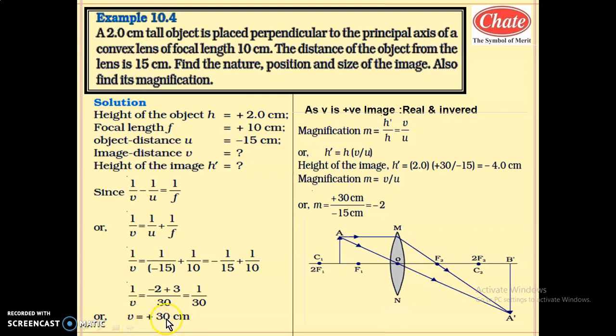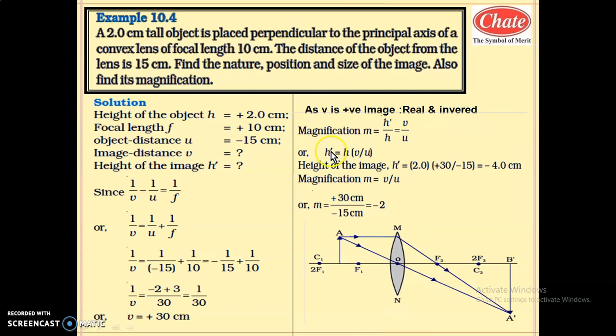As V is plus 30 centimeter, the image is formed on the right. Here V is positive. Since V is positive in case of lens, the image formed is real and inverted. Now we have to calculate magnification. H dash by H is equal to, for lens, V by U. For mirror it was minus V by U. So magnification is H dash by H equal to V by U. We have to find the height of the image.